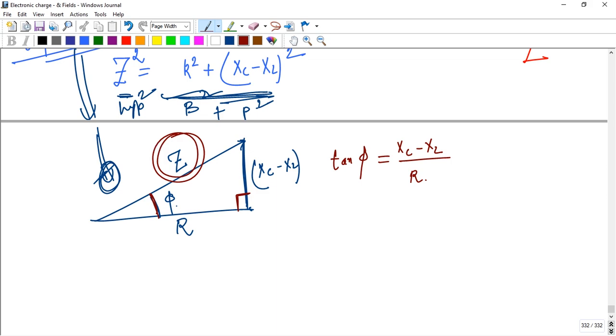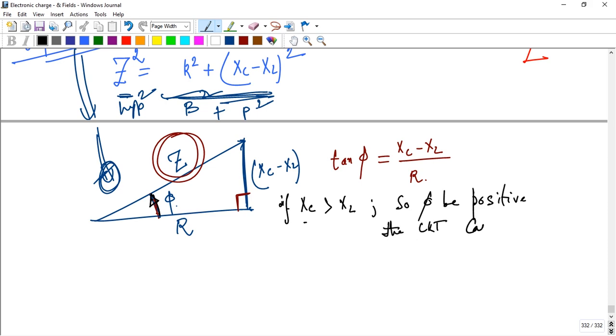So here is some condition. If XC, the capacitive reactance, is greater than XL, the inductive reactance, then phi is positive. Phi being positive means this circuit is totally a capacitive circuit, fully capacitive circuit.